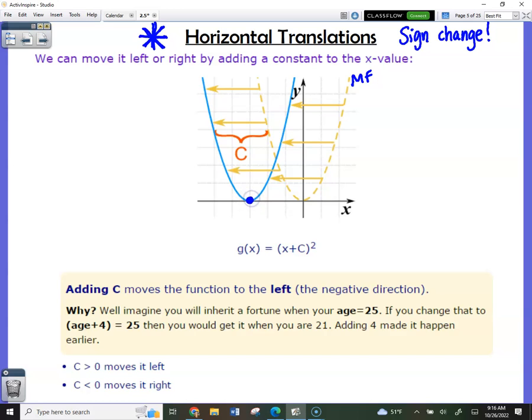It went left 3. So that particular graph would be g of x equals, now here's where you have to be careful. You went left 3, which would imply what type of number? Negative, but we're in the part where I said, watch out. So it's actually going to show a positive. Make a note, asterisk, be careful.